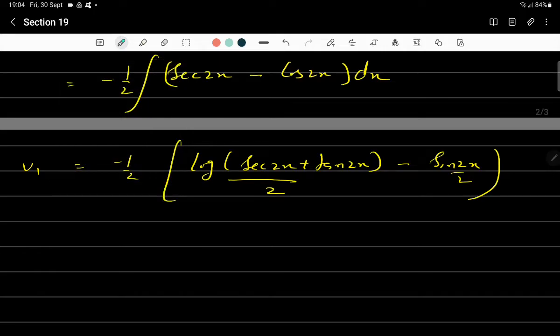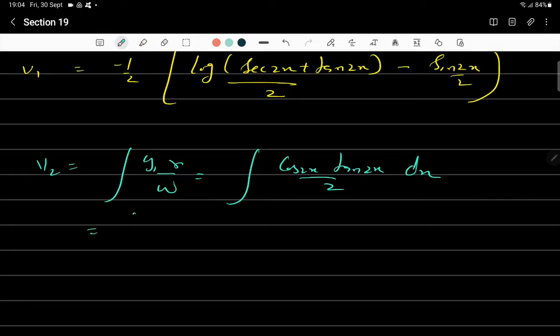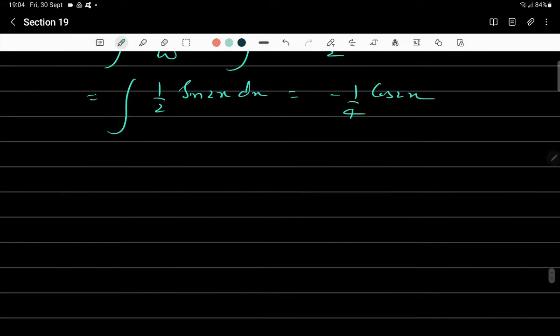Similarly, using the formula, I have to compute v2. So applying the formula is quite easy. The only thing is that you should be good in integration. So this is the integral of cos 2x tan 2x by 2 dx, which transforms into the integration of sin 2x, because cos cancels out with the cos in tan, so this is minus 1 by 4 cos 2x.